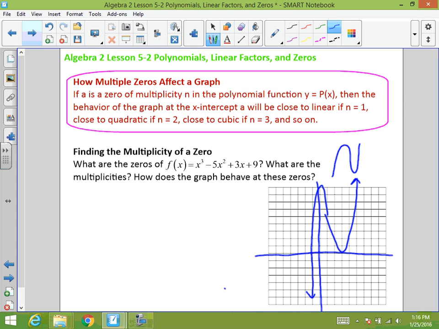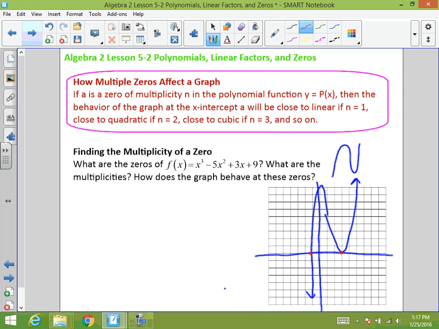With my calculator, if I look at that, we have two places it crosses the x-axis, here and here. The left-hand one, it crosses the x-axis. The right-hand one, it actually just touches the x-axis and comes back up, which leads me to believe that that is a multiple zero.